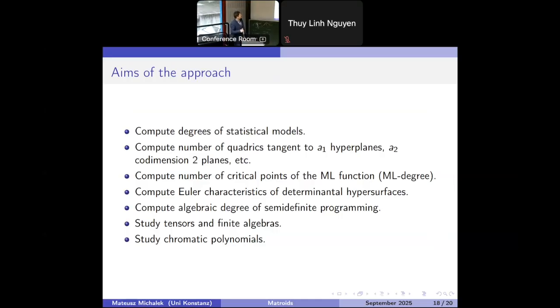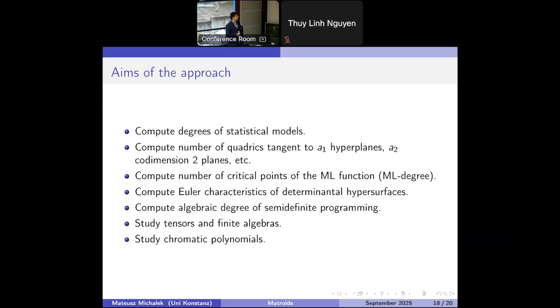Then the Euler characteristic is again expressible in our characteristic numbers. There is also something called algebraic degree of semi-definite programming, which tells you the degree of the extension in which a solution to a semi-definite program could be found. Again, these are instances of our characteristic numbers.